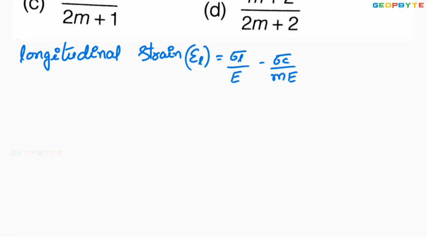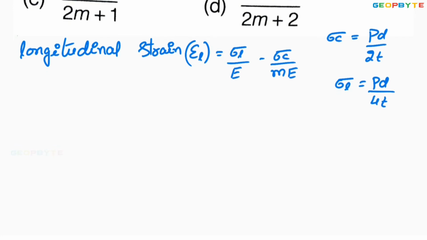E is the Young's modulus, 1 by m is the Poisson's ratio. Here circumferential stress equals PD by 2T, longitudinal stress equals PD by 4T.